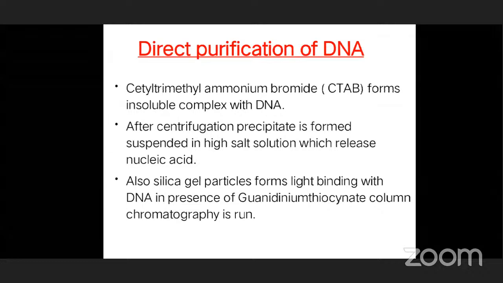This chromatography technique is used for the purification of DNA, but recently this technique is not used because DNA isolation kits are available. The spin method is a difficult method. That's why the DNA isolation kit method is used. Also, in this method cyanide is used, so this method is toxic. But this method is used for the purification of DNA.